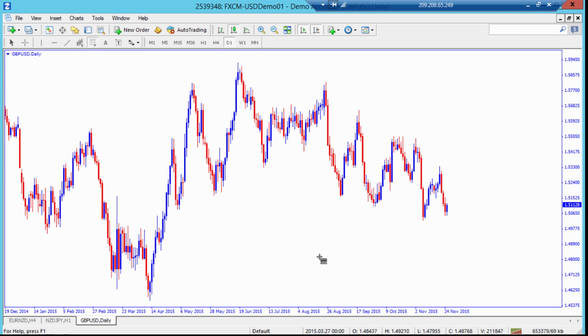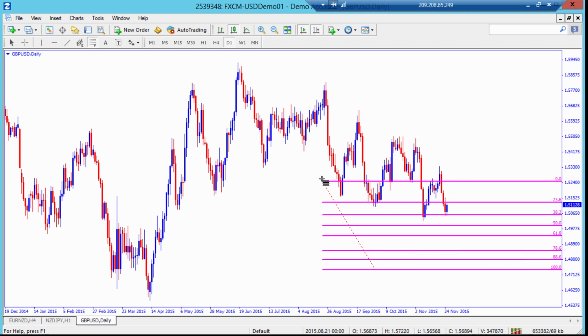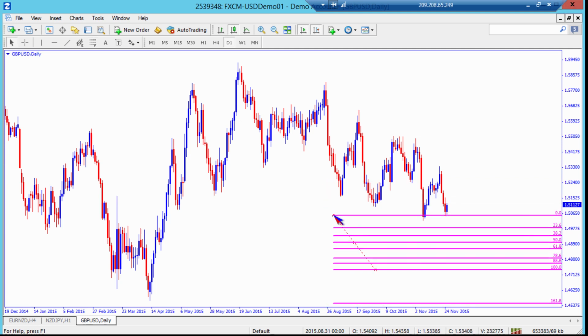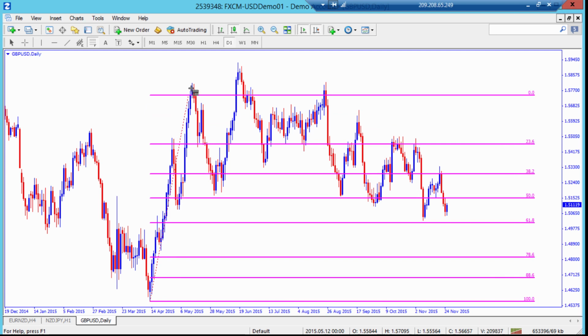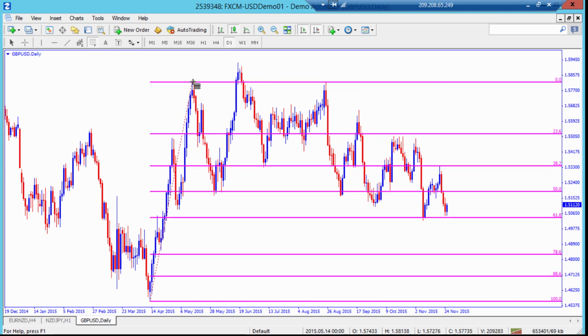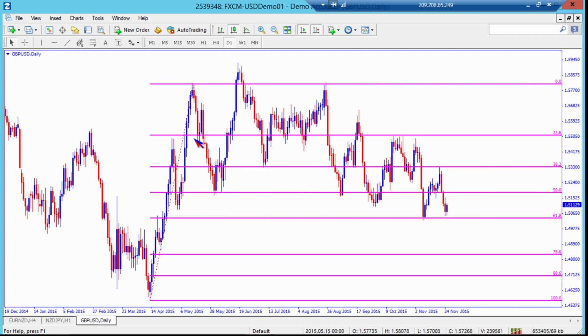So the Fibonacci tool, as you see here, is used to identify support and resistance. For instance, go down to the bottom, hold it with the left mouse key, draw it up, right to the top. Let's stop. And the 50% line is pretty important.